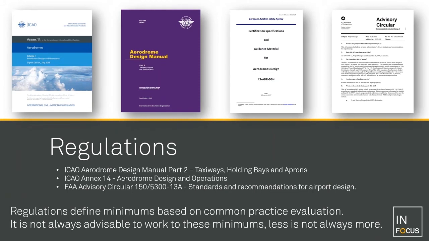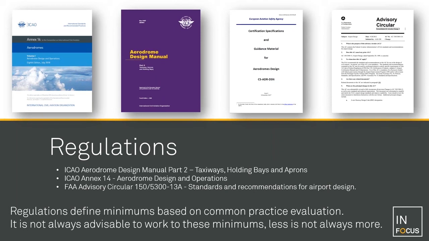As here in Europe, the certification specifications and guidance material for aerodrome design. And they're also here for ground markings on the aprons. For the American FAA market, your advisory circulars in particular, 150/5340-1M.